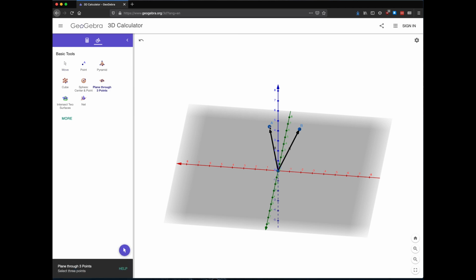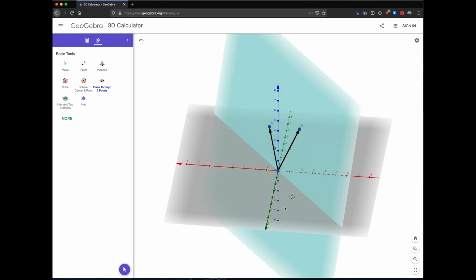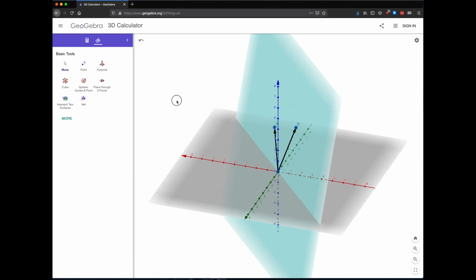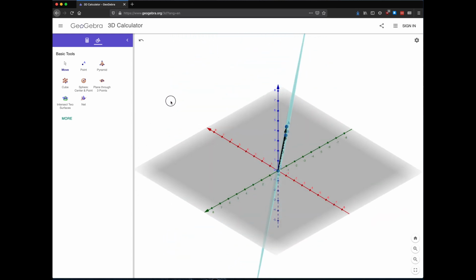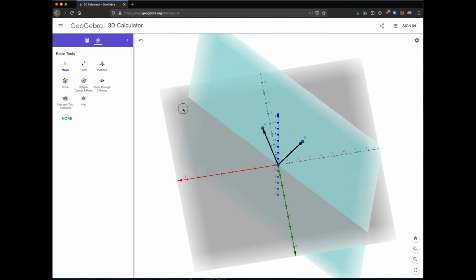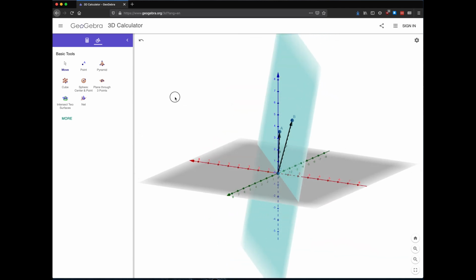So I'm going to pick A, and then notice how it highlights the point in a lighter color, C, and B. I don't know if that was B. Okay, good, it was. All right, and so there, yeah, we have a plane going through these 3 points.